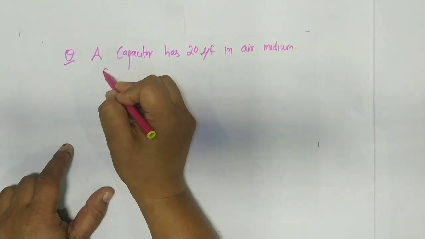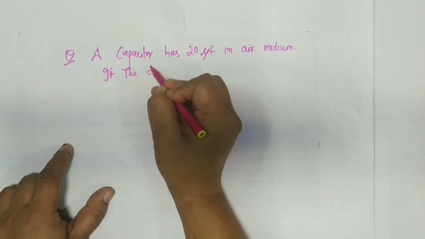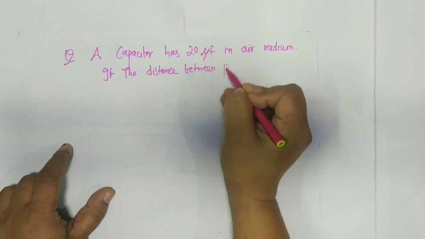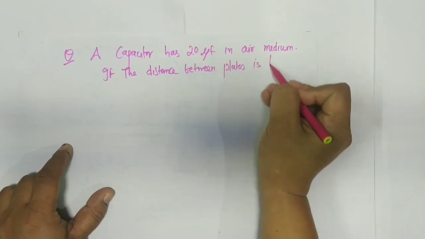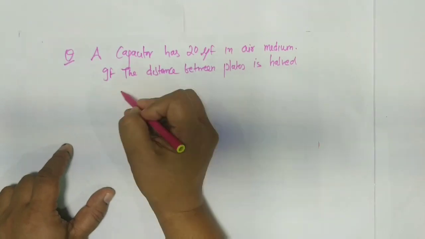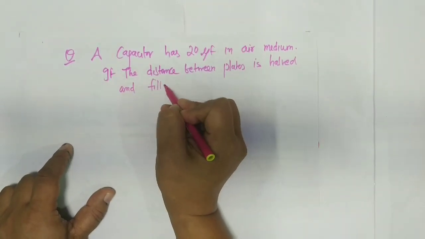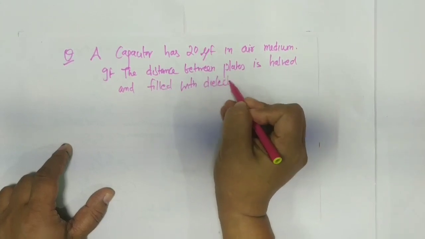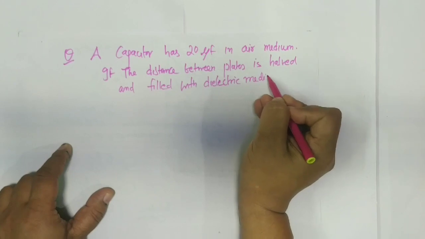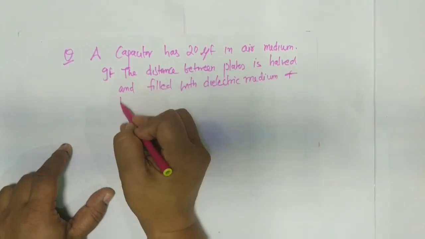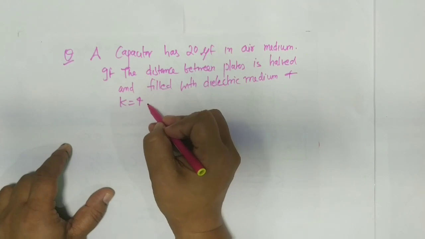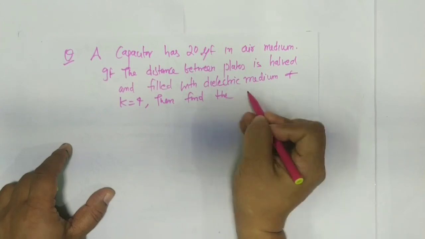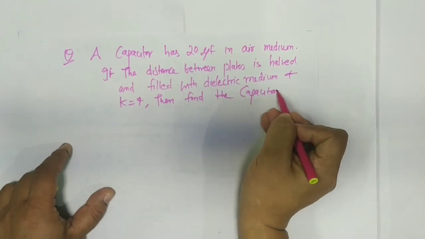If the distance between plates is half and it is filled with dielectric medium of K equal to 4, then find the capacitance. See here, very interesting, find the capacitance.